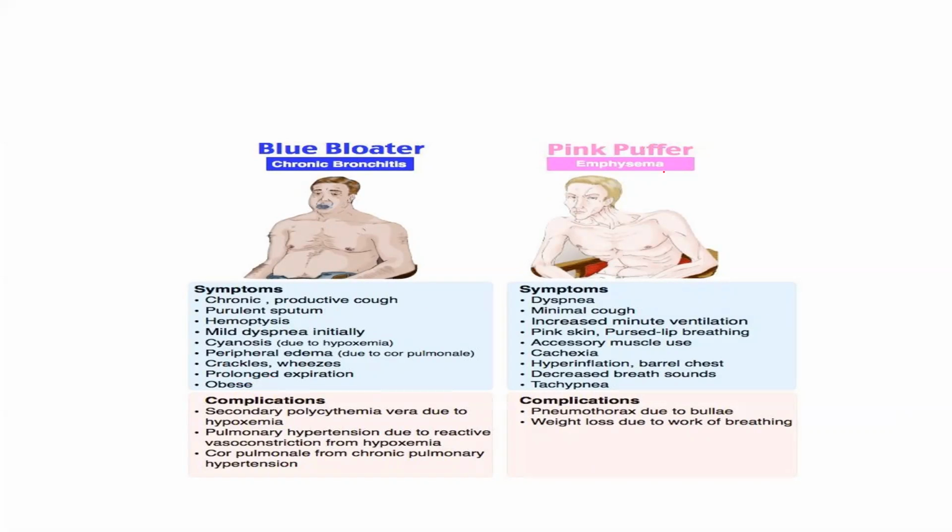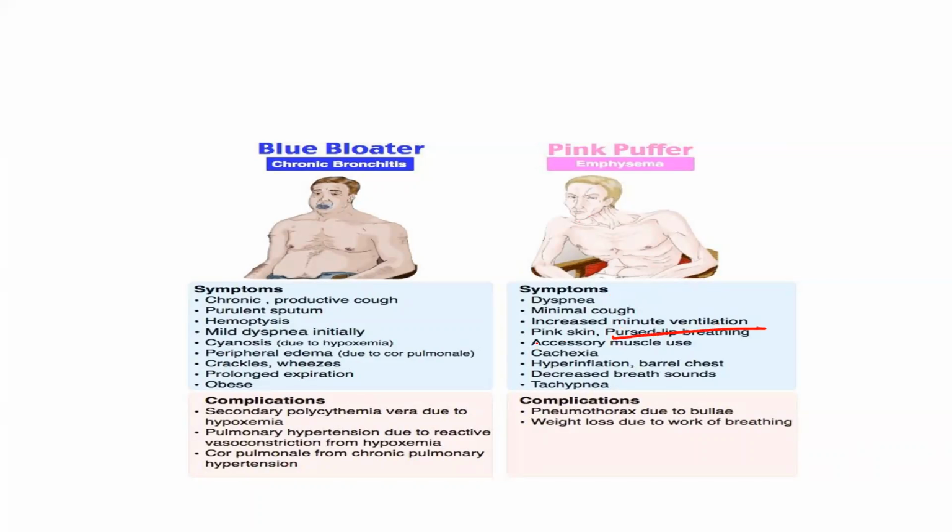And look at these pink puffers, the patients of emphysema. These patients have very minimal cough. The blue bloaters, the chronic bronchitis patients, have a chronic cough and produce a lot of purulent sputum, but the emphysema patients have dyspnea, minimal cough, and pursed lip breathing.